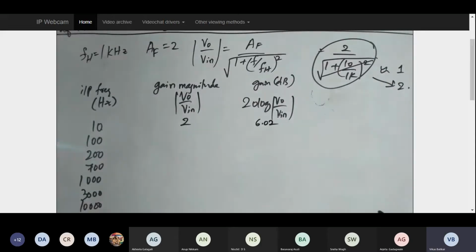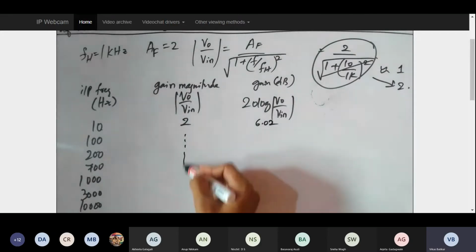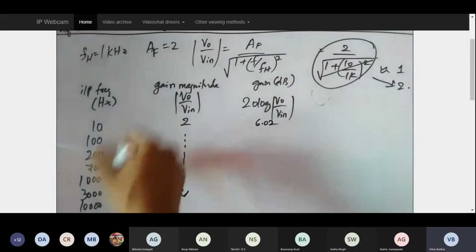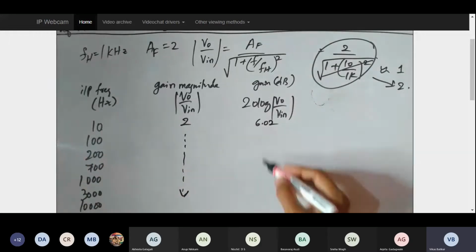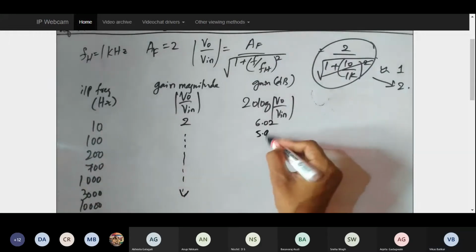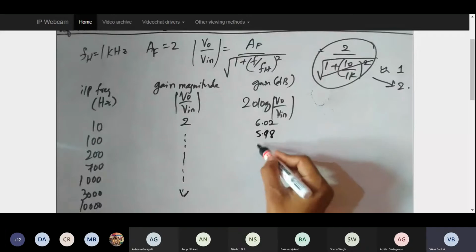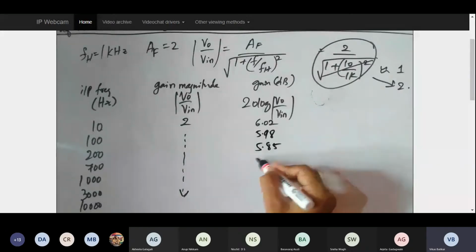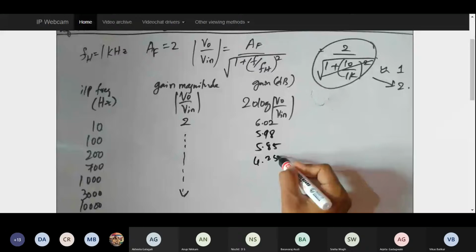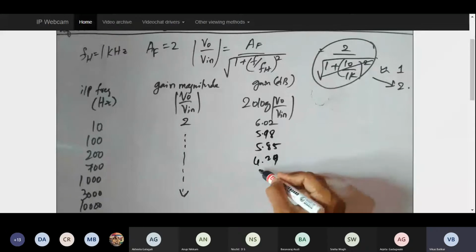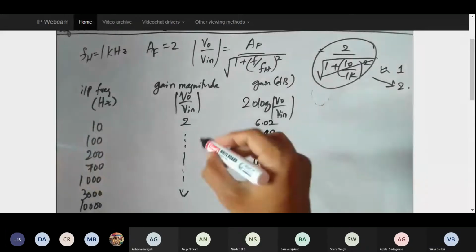Like that, I'm going to calculate for all the values, and I'm going to obtain different values for these particular frequencies. I'm just going to write the values as they are, 4.29, and this is what you can find on page number 257.